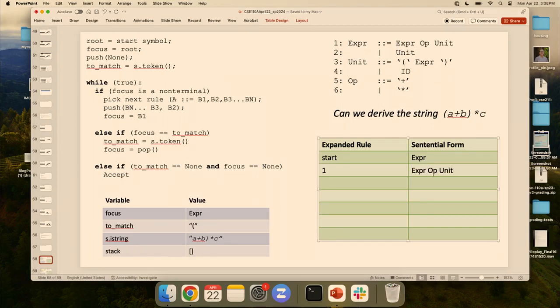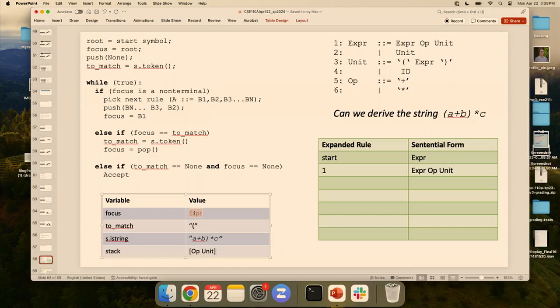I'm keeping this table over here; this isn't what the algorithm is building, this is for us to keep track of how the algorithm is going. So we pick 1. That gives us some elements on our stack: op, unit. The first element there was expression, but that expression is just going to be our focus, so our focus stays the same as expression.